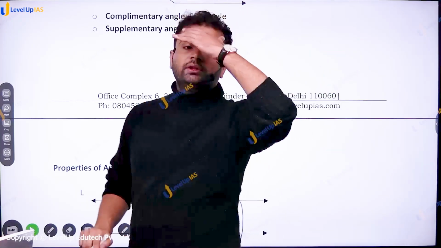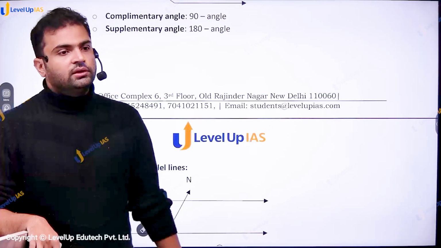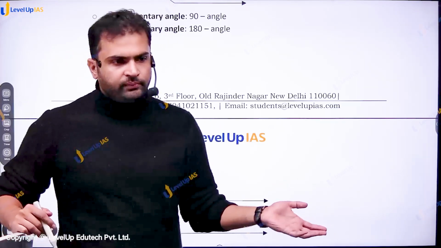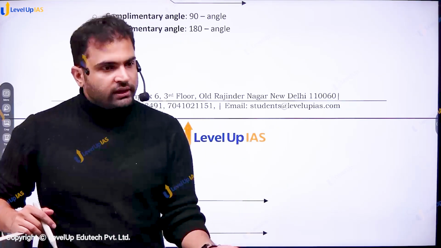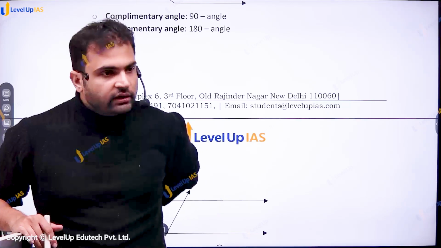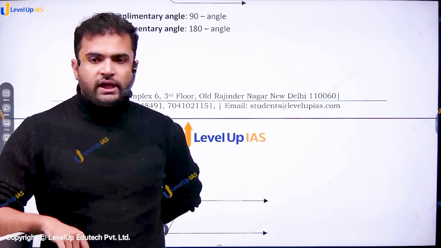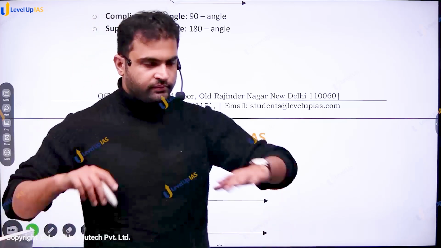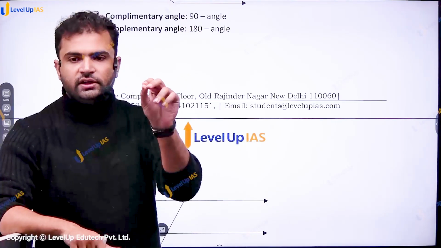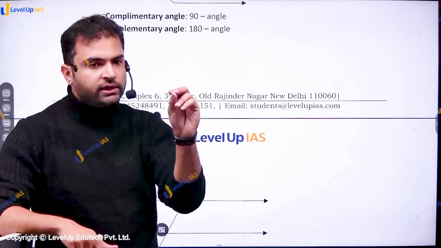Are you guys clear with the terminologies? Acute angle is less than 90, obtuse angle more than 90, then straight angle 180 degrees, complete angle or total angle 360 degrees, that angle which forms at a point.